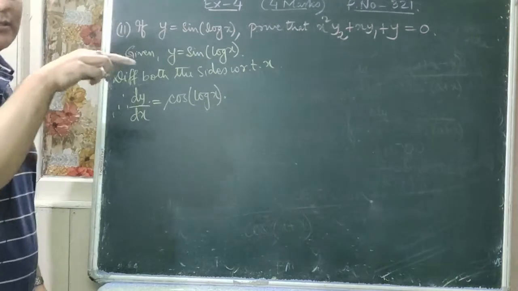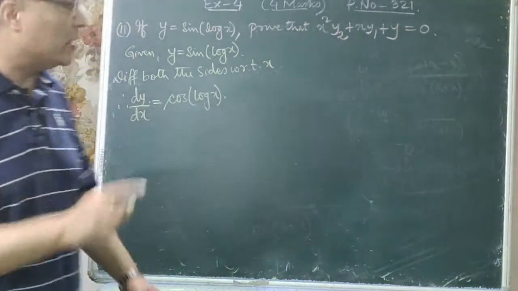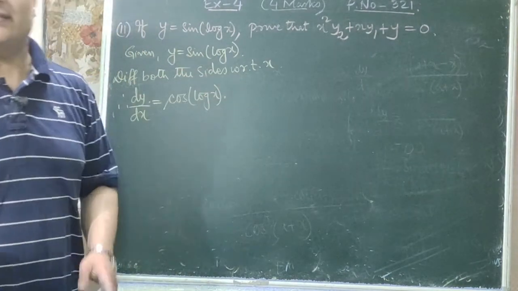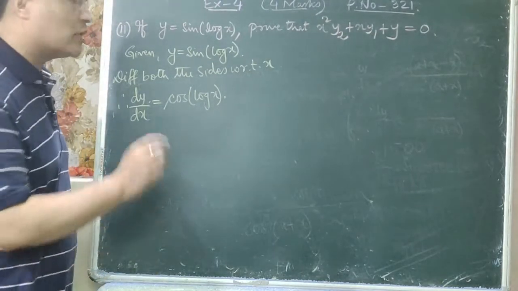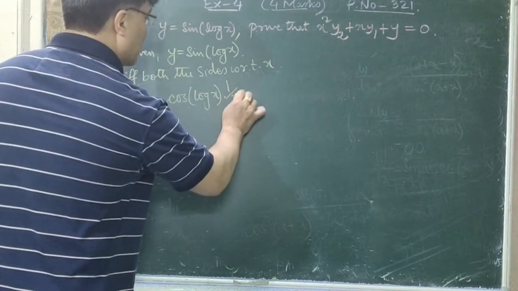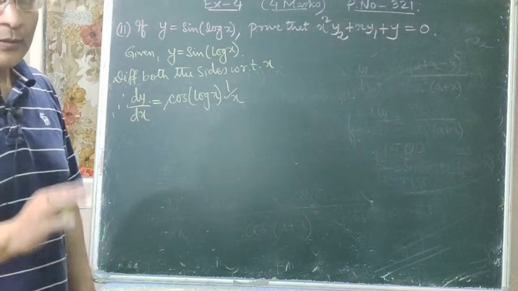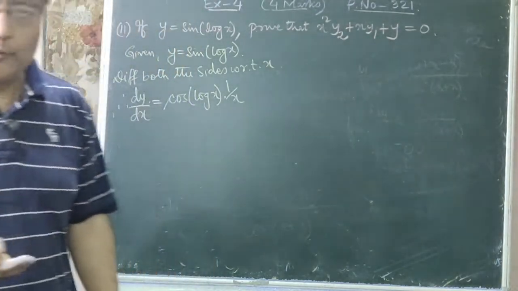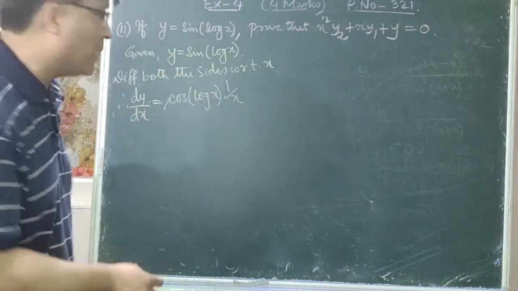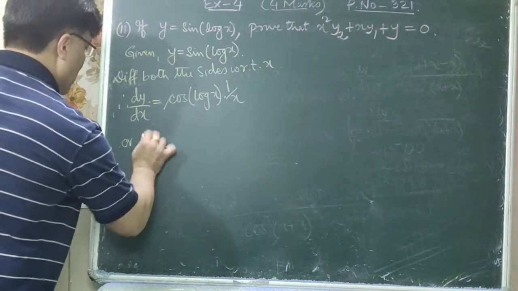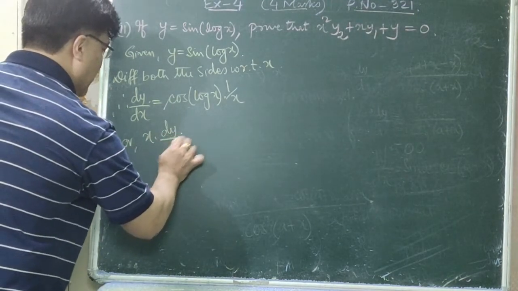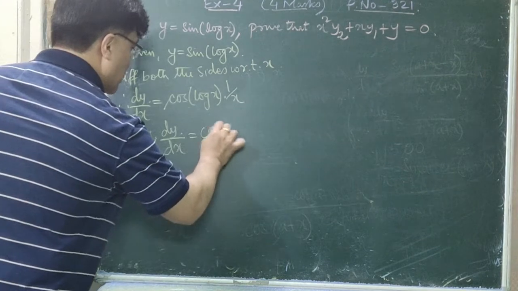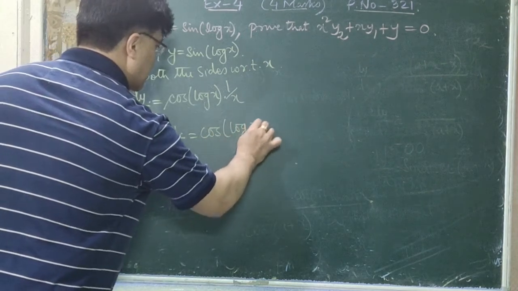Again you have to differentiate the term which is assumed as x. So in this case log x is assumed as x. What is the differentiation of log x? It is 1 upon x. Before differentiating again, cross multiply by x here, or x into dy by dx is equal to cos of log x.